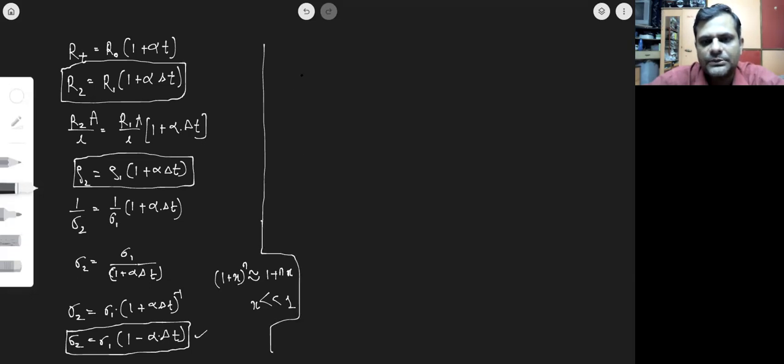See here, suppose there is a conductor of length L and area of cross section A. So there will be atoms in between here. Suppose these are some atoms.